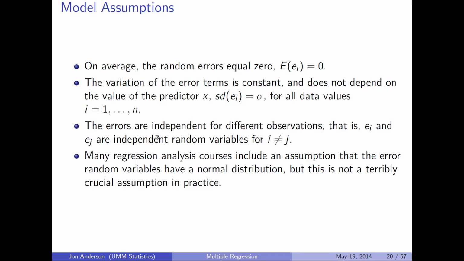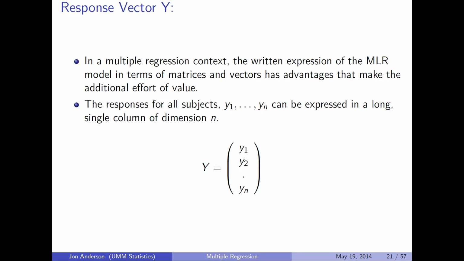Third assumption is that the errors are independent for different observations. And then we have the sometimes assumption of normality that gets used for the formulas for confidence intervals and tests, but is not a terribly big concern frequently when we have big samples.